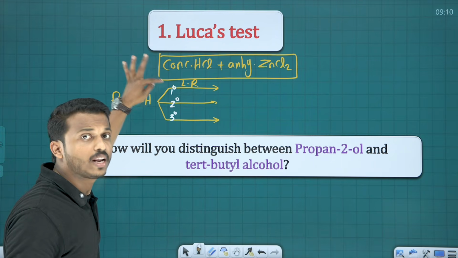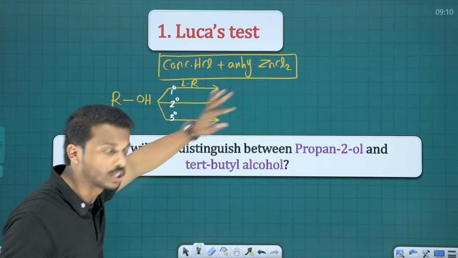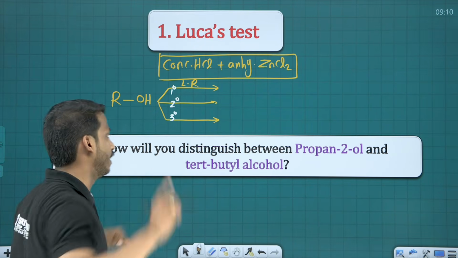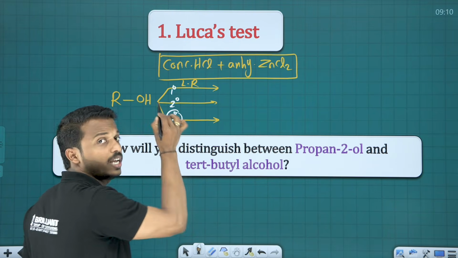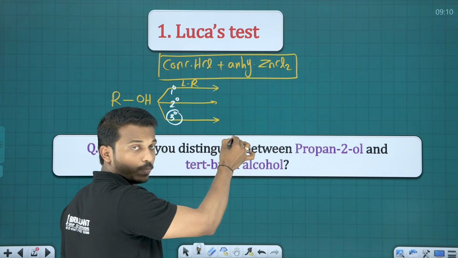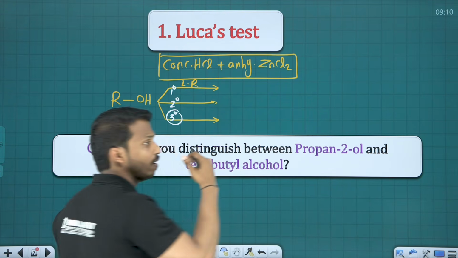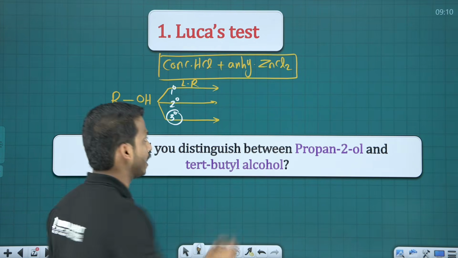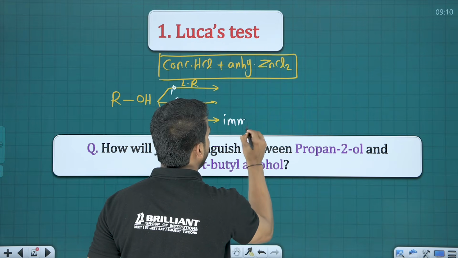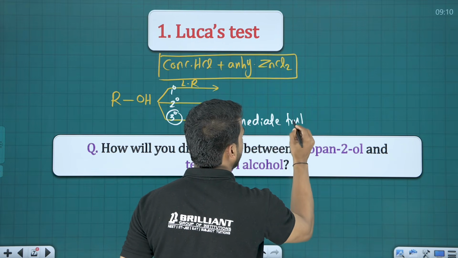If it is a primary alcohol, when it reacts with the Lucas reagent, what is the observation? Like secondary and tertiary. When Lucas reagent reacts with a tertiary alcohol, we get immediate turbidity, not a precipitate.